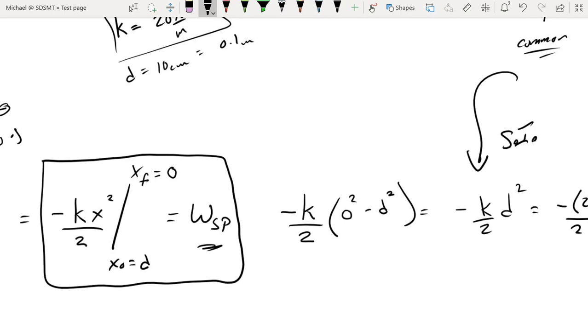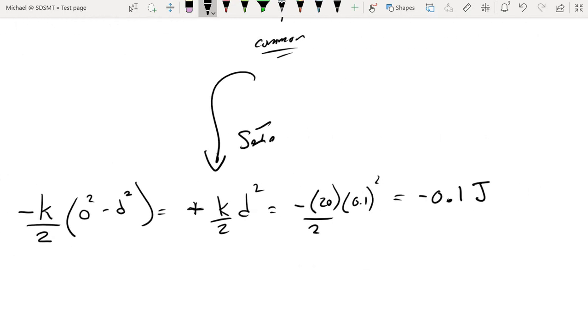I have a negative attached to the d squared, so now there's a positive kd squared over 2. And we've already evaluated that. And so there is a positive amount of work done in returning the spring to equilibrium.